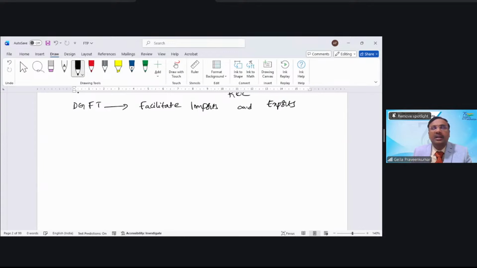So here, what is their role? They have to make a policy.